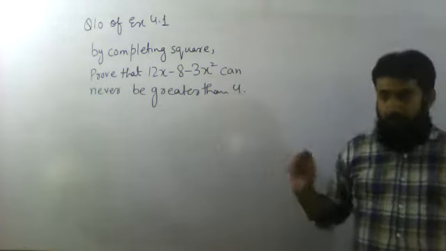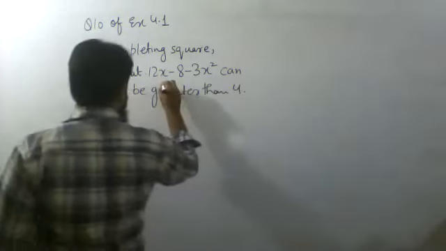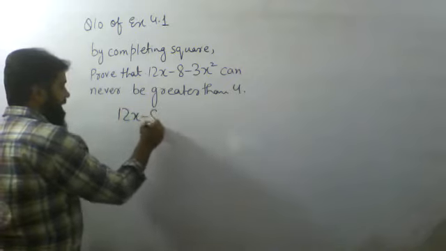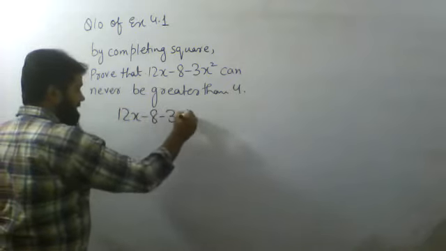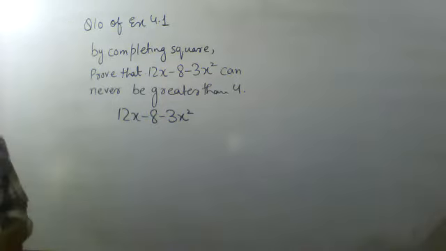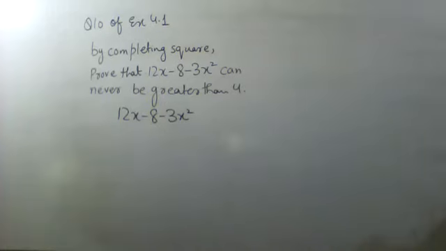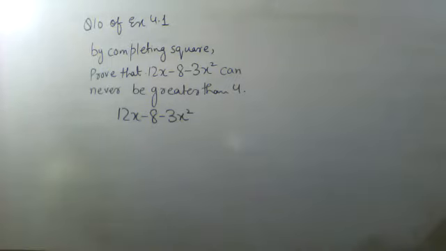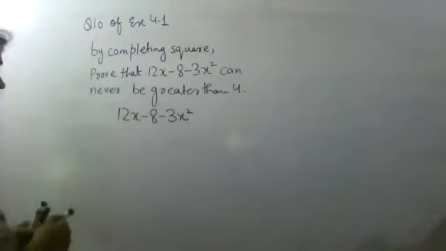Okay, so first of all, my expression 12x minus 8 minus 3x squared. That's my expression which is given over here. I have just written it separately. So first, I'm arranging them properly, according to the general quadratic expression.